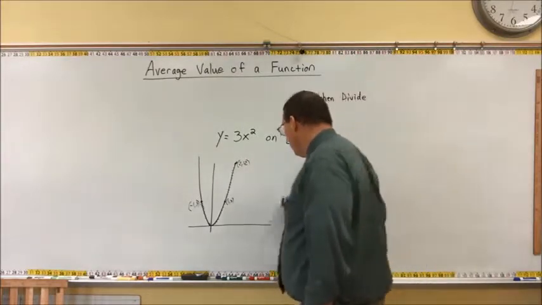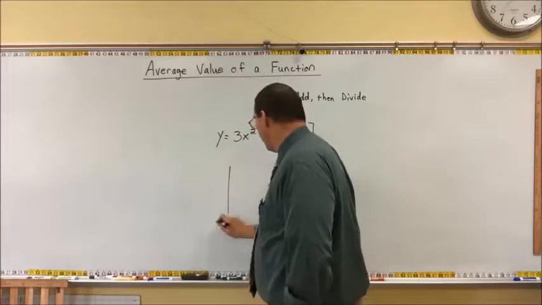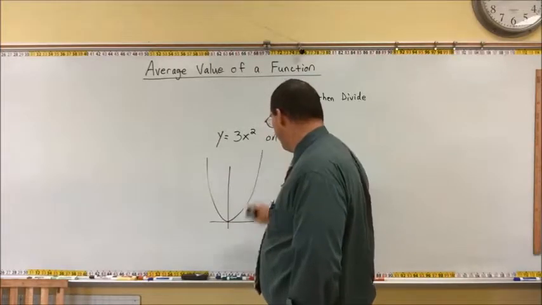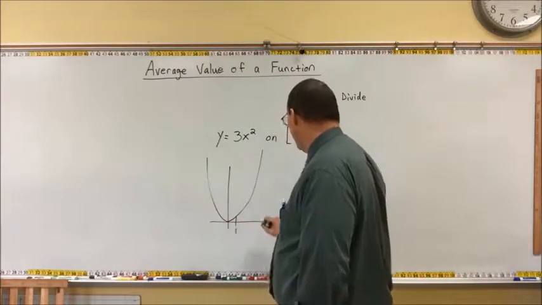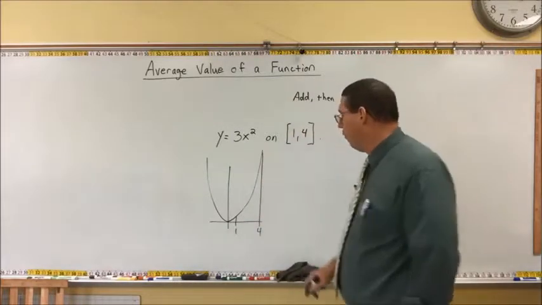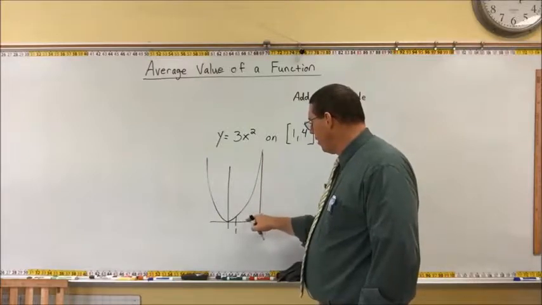So we've got this parabola, and here's 1, and 4 is all the way over here. We have this strange shaped thing.